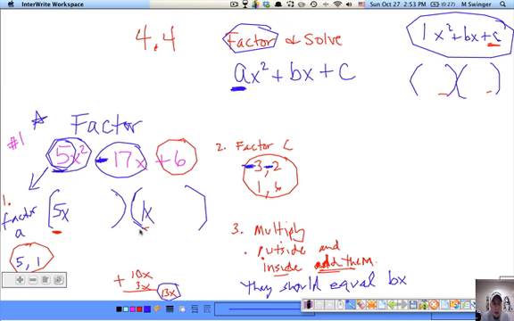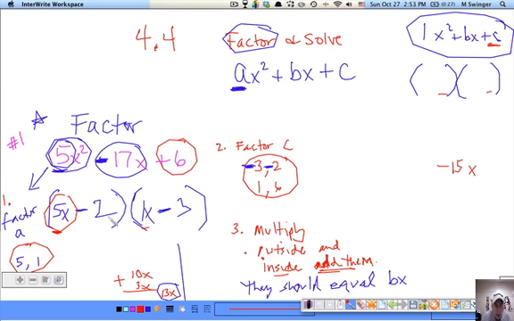So let's put it in different. Last time I put 3 and 2. Let's put 2 and 3. That does make 6, but we have to get negative, so let's make it negative 2 and negative 3. Watch what happens here. Multiply the outside: 5x and negative 3 make negative 15x.